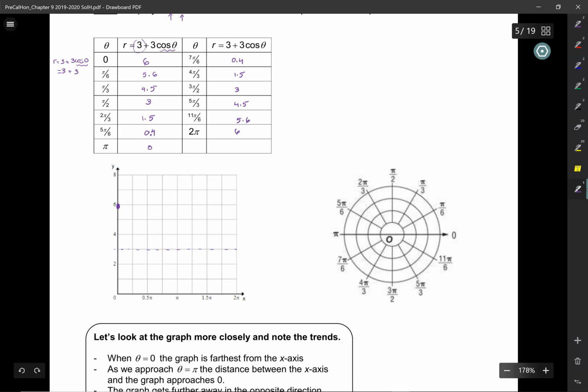I go up, then 0, then 1, 2, 3 down, then to the center, then up. That's how we always graphed, right? And here too, that's how we're going to graph it. Okay, so let's take a look at these trends, right? Far from the x-axis, close to the x-axis, and so on. That is a horrible looking cosine.